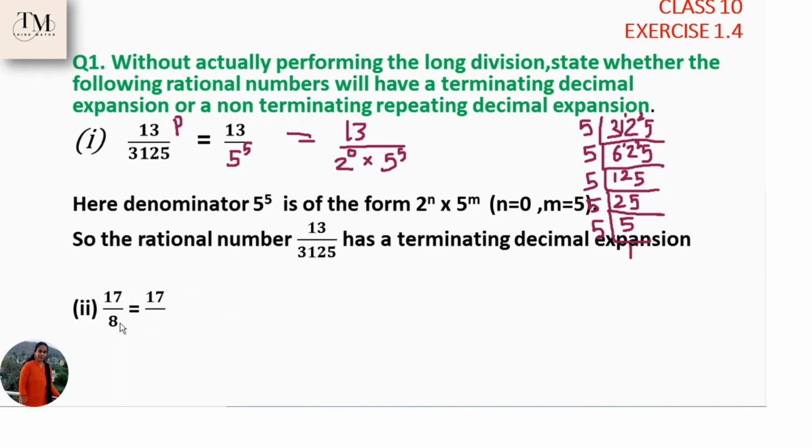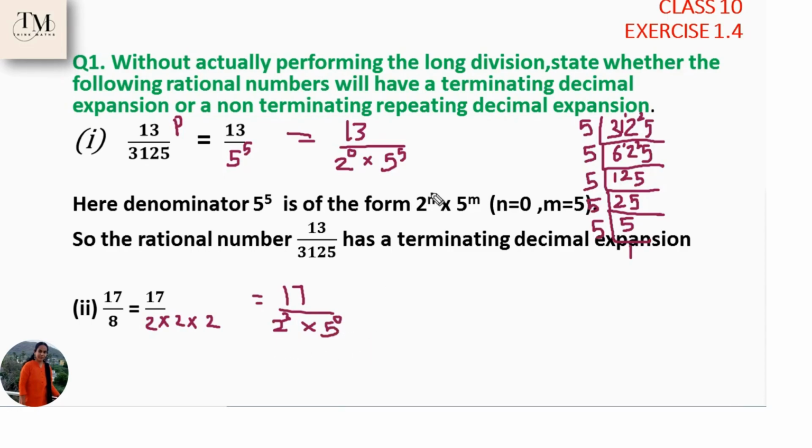The next value is 17 divided by 8. 8 can be easily written as 2 into 2 into 2, so this is 17 divided by 2 power 3. There is no power of 5, so we can write it as 5 power 0, because 5 power 0 is 1.